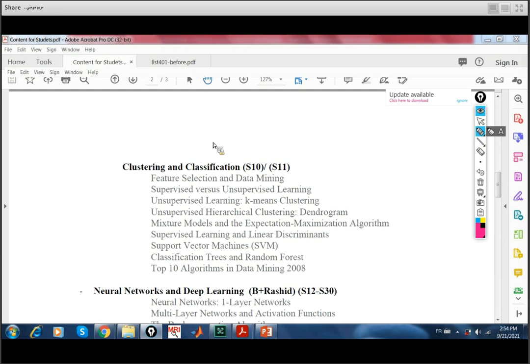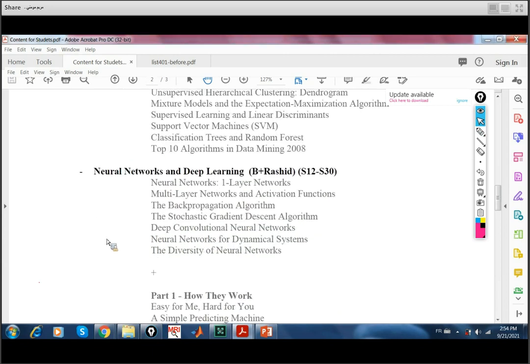After we finish this topic, we will start a new field, neural networks and deep learning. From here, they are in Python. After the introduction about neural networks and deep learning, we will run it in Python.